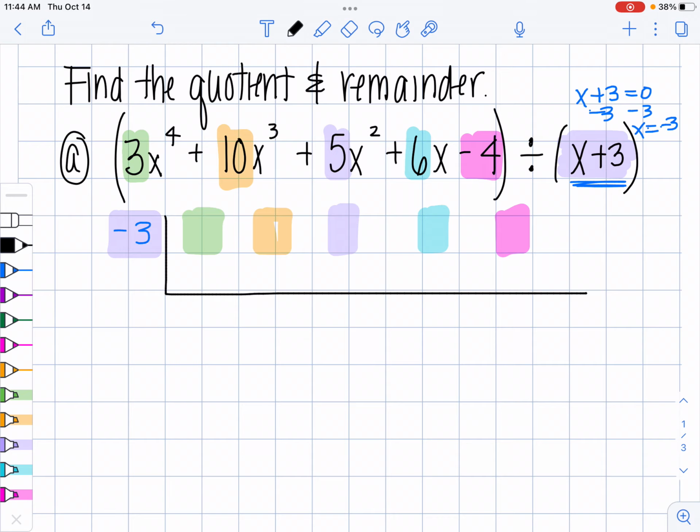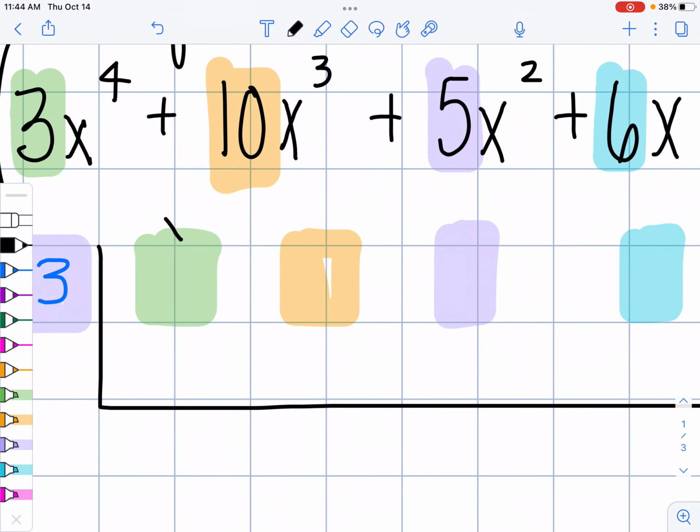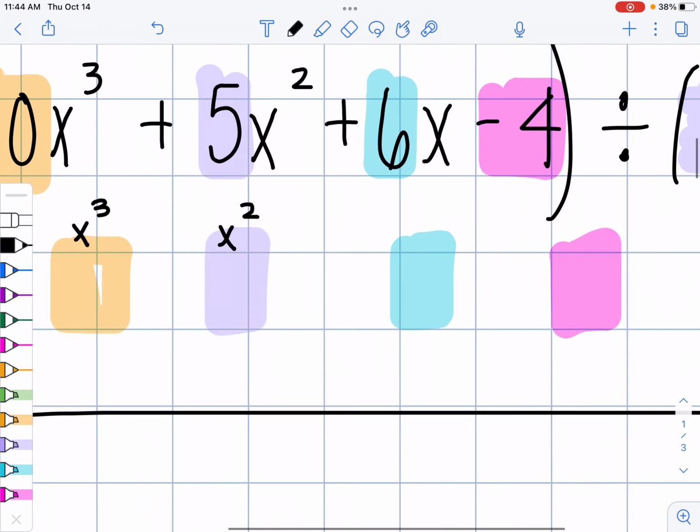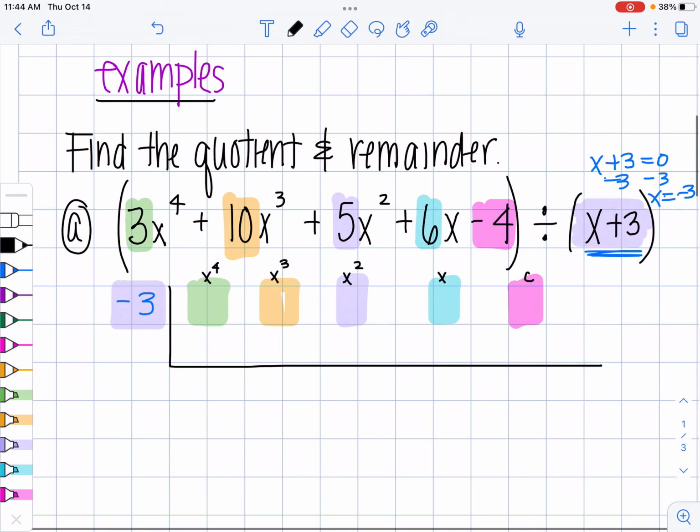So this would be your x to the fourths. This is your x to the thirds. We're just using coefficients. X squared, x's, and constants. So I'm going to write the numbers, and I highlighted them for you, but I'm going to write in here 3, 10, 5, 6, and negative 4.